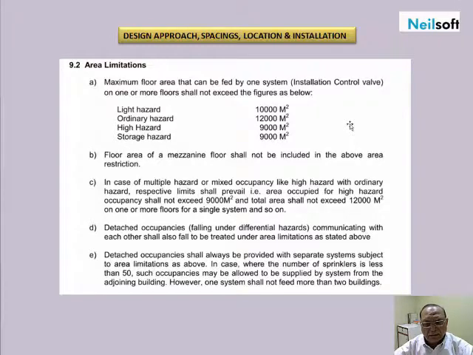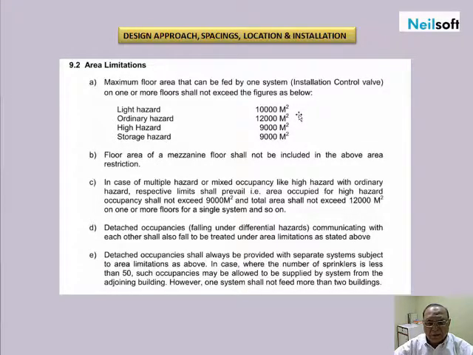It means an area of a sprinkler system covering 10,000 meter square area on one floor must be controlled by a separate installation valve. If the area is increased, you have to provide another control valve.